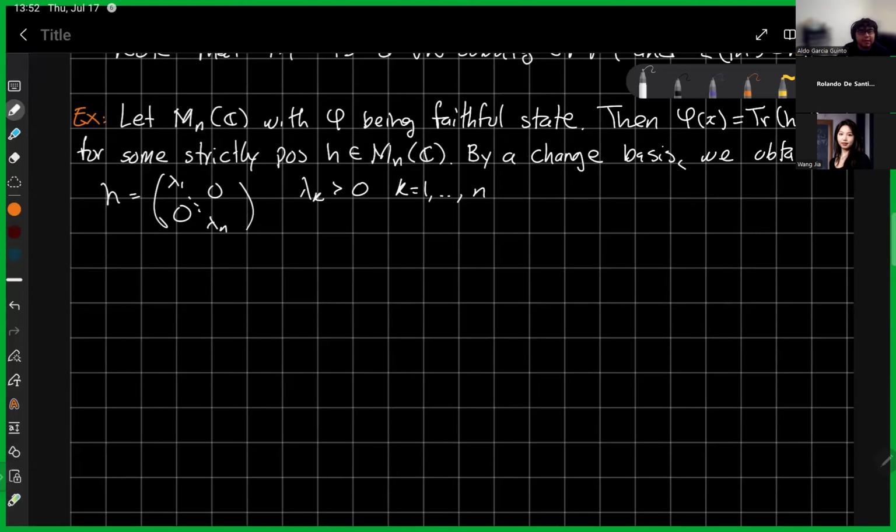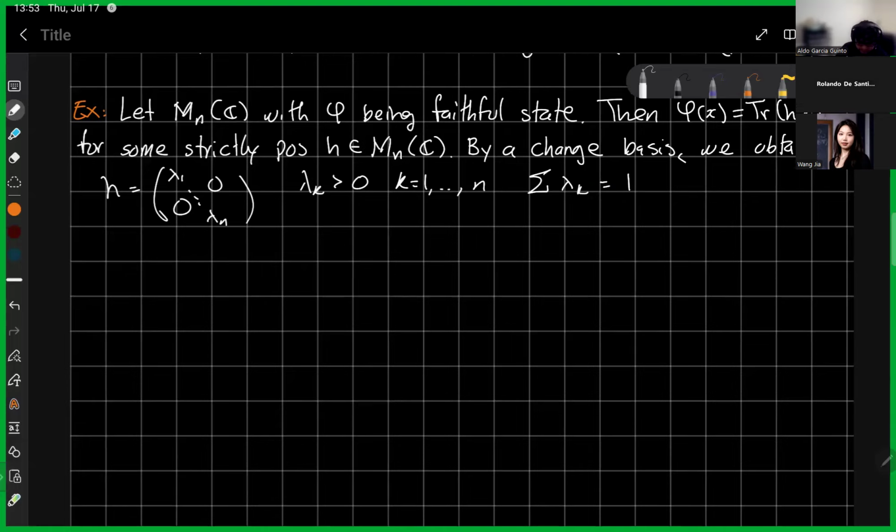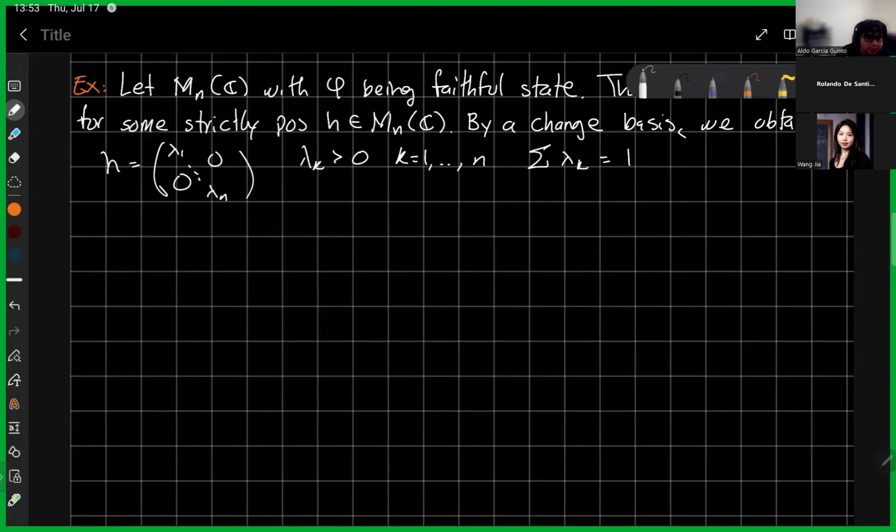We can always normalize this so that, well, this is a state, right? So it has to be normalized. Because phi is a state, you should have that the sum of the lambda k's is equal to 1.